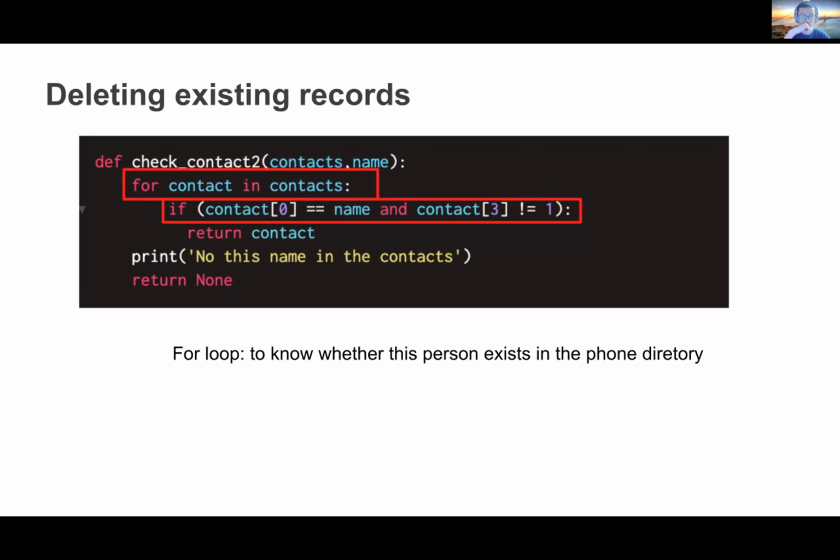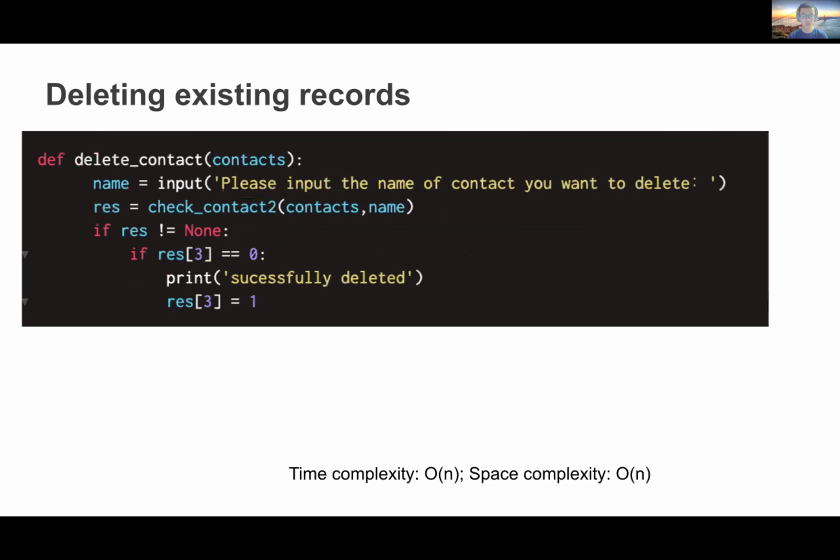The contact 0 is the name and contact 3 is about the state. So if the name is equal to the information provided by users and the state is not equal to 1, which means that it has not been deleted, the if condition is satisfied and the system will return the contact information. However, if the if condition is not satisfied, we have to inform the user that there is no this name in our contacts and return nothing.